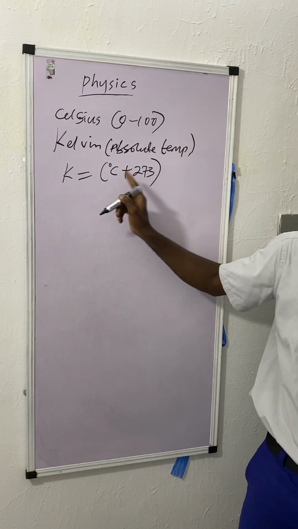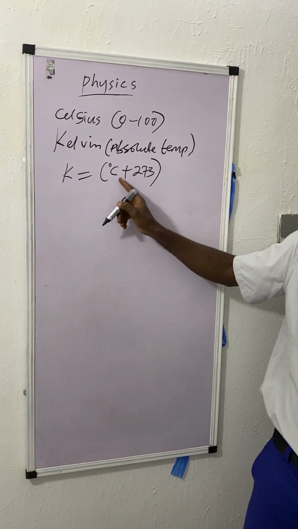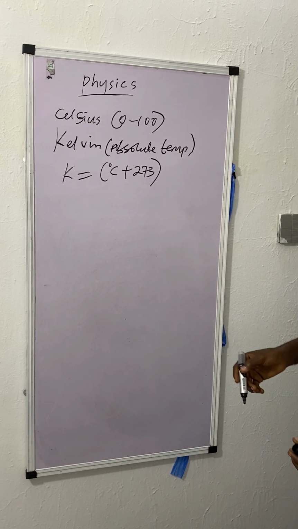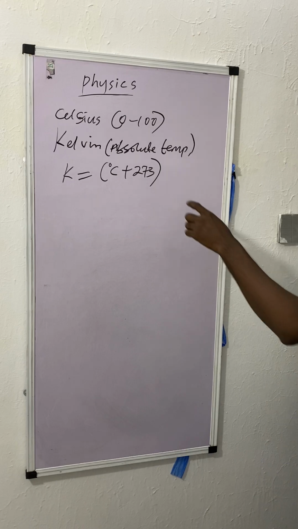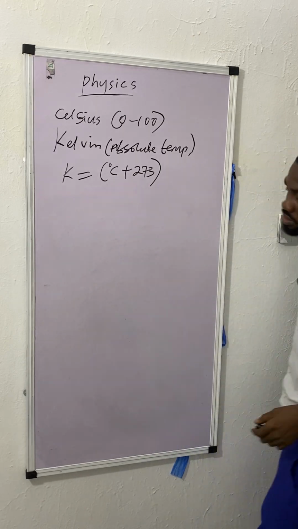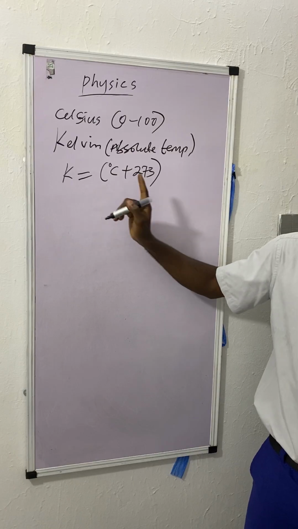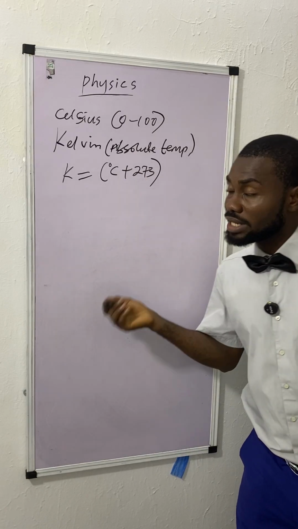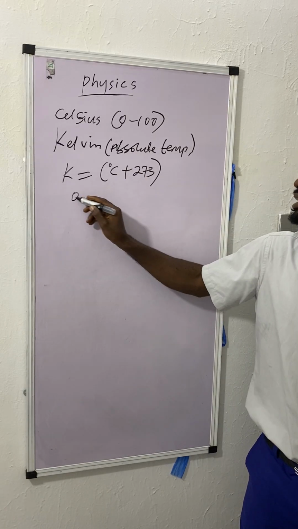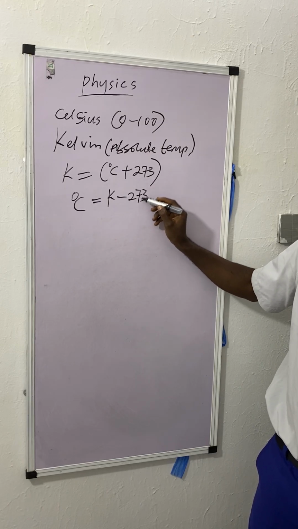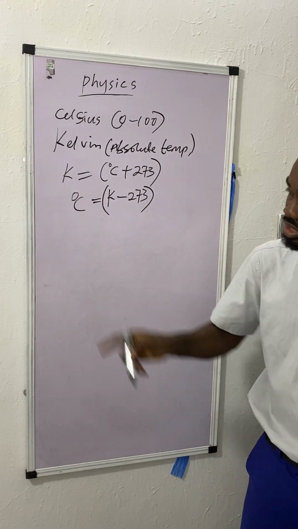So if you want to convert degree Celsius to Kelvin, just add 273, you get your Kelvin. If you want to convert Kelvin back to degree Celsius, how do you do that? You minus 273 from the Kelvin to get back your degree Celsius. Degree Celsius is equal to Kelvin minus 273. You get your degree Celsius back.